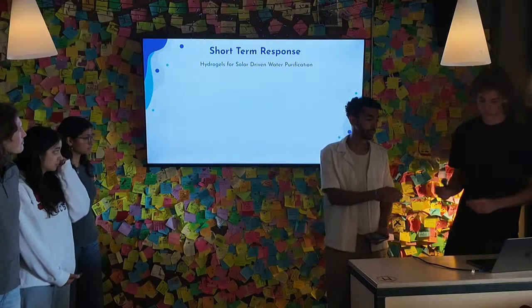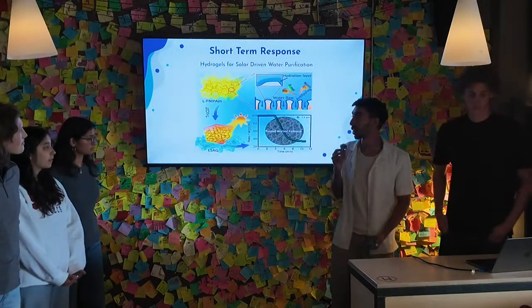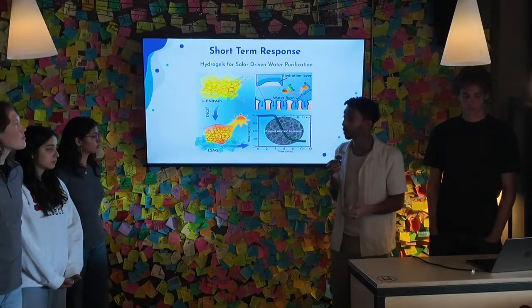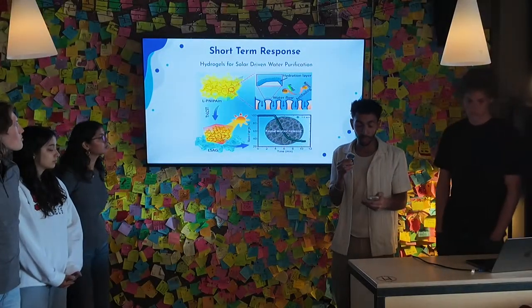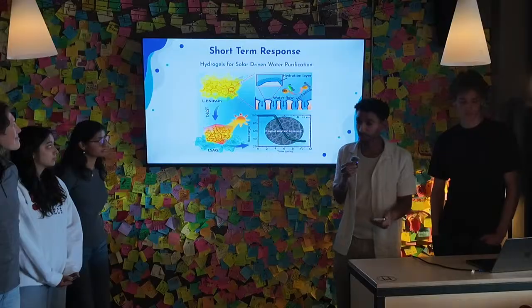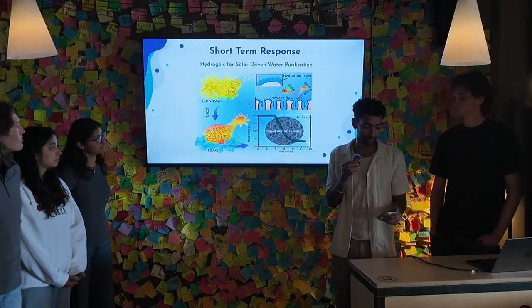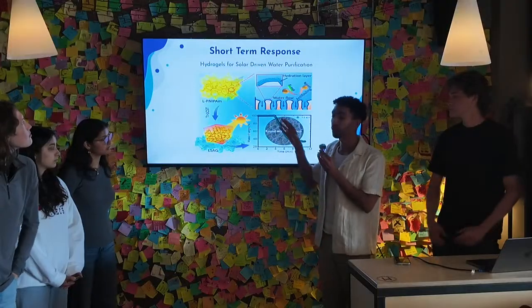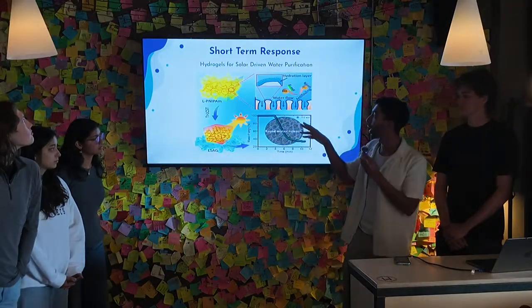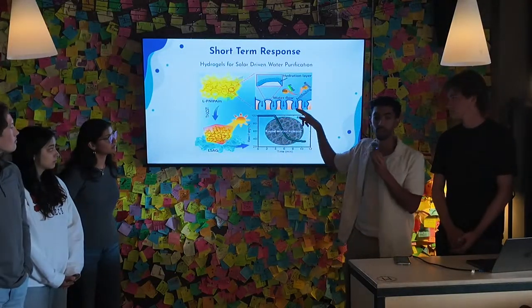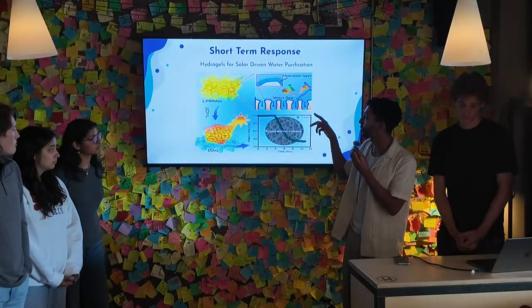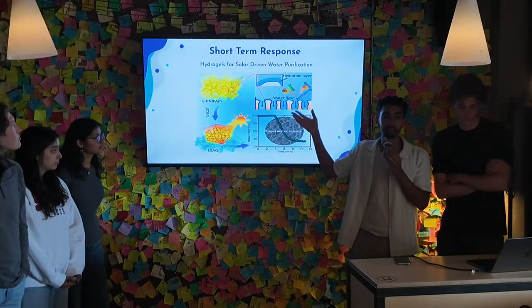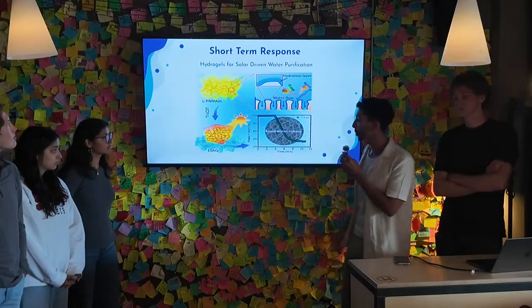All right, so for an immediate response post-disaster, we propose the use of new anti-fouling hydrogels that deliver drinkable water. The way it works is that you put the hydrogel in contaminated water, and the hydrogel absorbs water into its layers, at the same time repelling bacteria, oils, and different chemical contaminants.